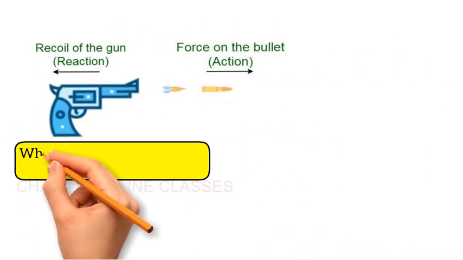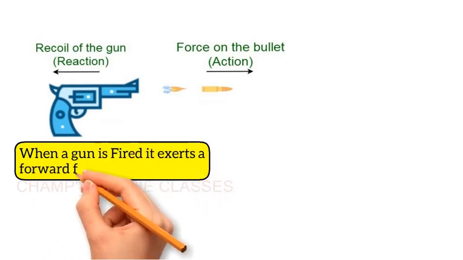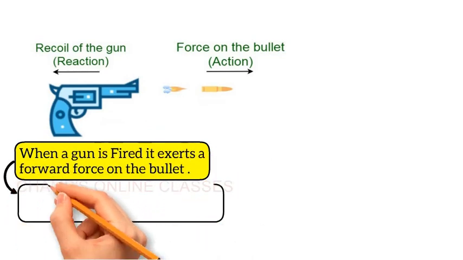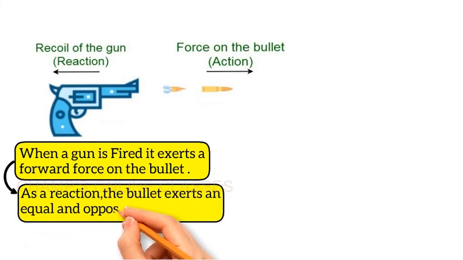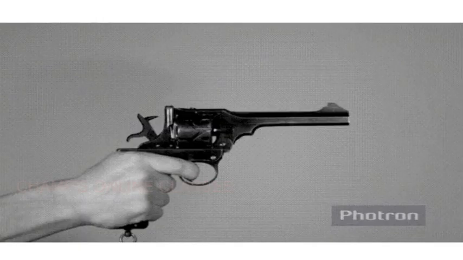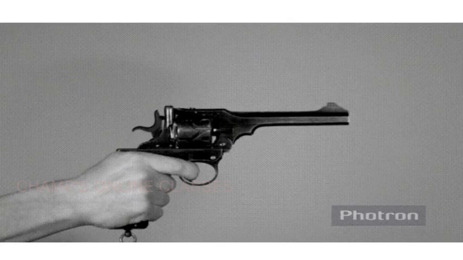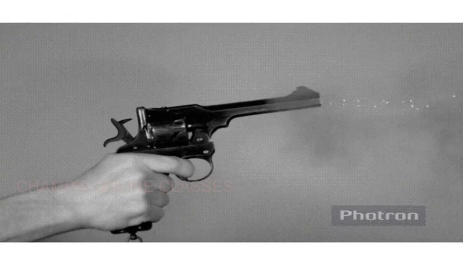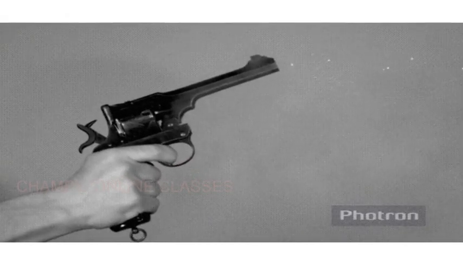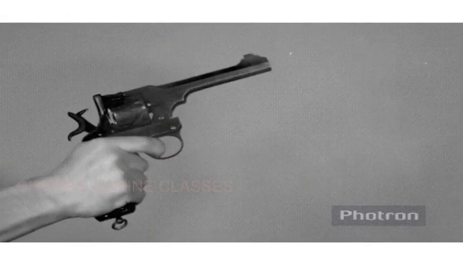When the gun is fired, it exerts a forward force on the bullet. As a reaction to this, the bullet exerts an equal and opposite force on the gun. But when we look at the change in their velocities, that is, the acceleration produced, there is a huge difference. Why?